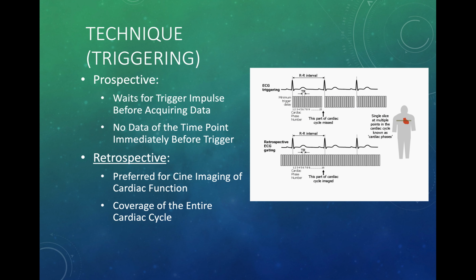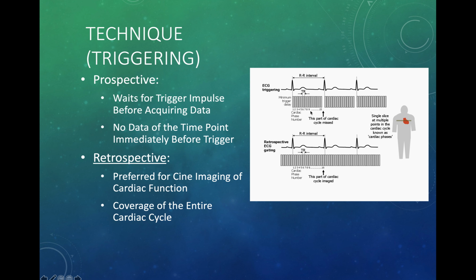Triggering is either prospective or retrospective. Retrospective is the routinely used one, and as you may see here, with retrospective gating the acquisition is throughout the entire cardiac cycle, including the entire systole and diastole. That's why it's the routinely used triggering.